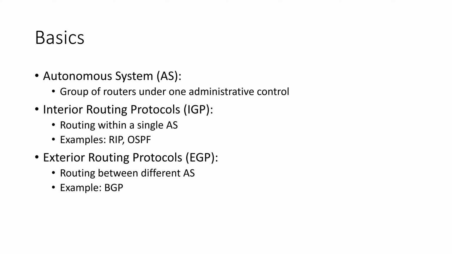The most important of these is BGP, the protocol that literally keeps the global internet routing system running. So, routing happens at two levels: inside an autonomous system using IGPs and between autonomous systems using EGPs.